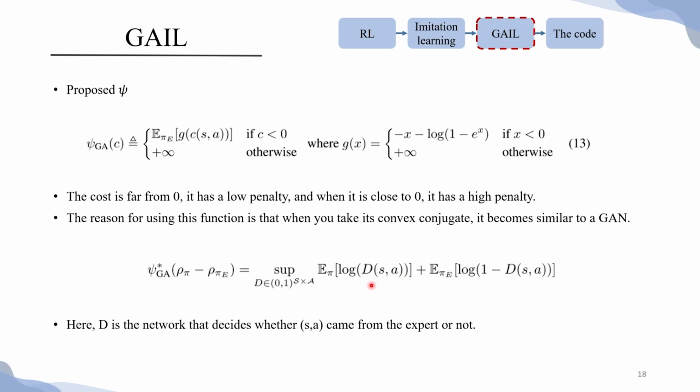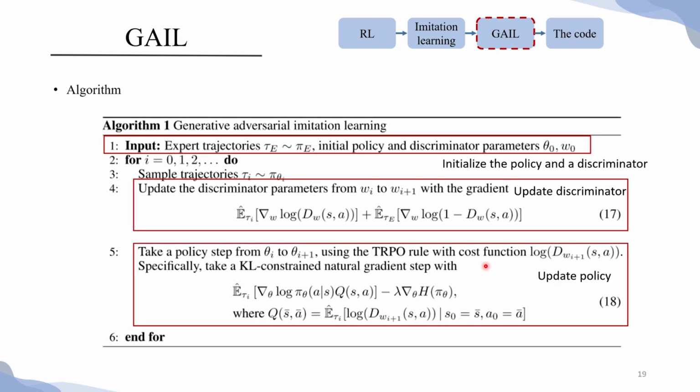Here, D is the network for deciding whether the state-action pair came from the expert or not. This is the algorithm. First, initialize the policy and discriminator parameters.